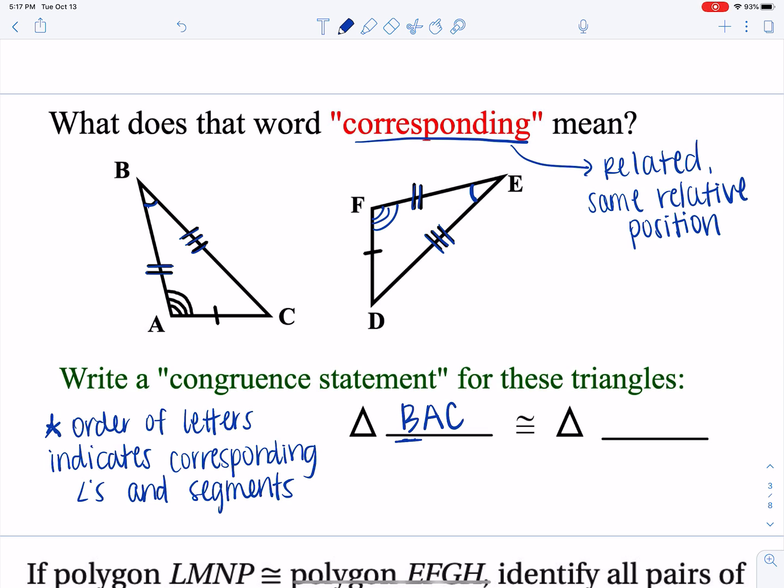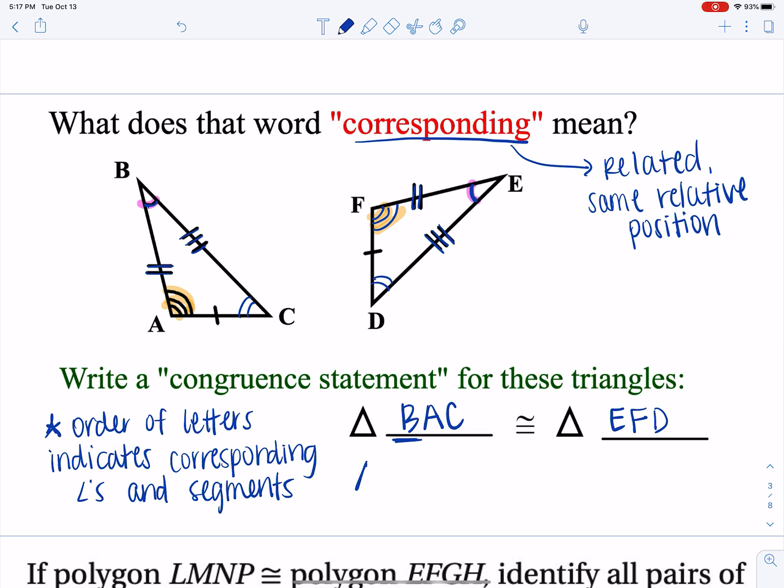So if I name angle B first, angle B corresponds with angle E, so that needs to be the first letter in my other triangle. Next, I have named angle A, so I need to list F. And lastly, I've named C, which would be congruent to angle D. This is one possible triangle congruent statement.